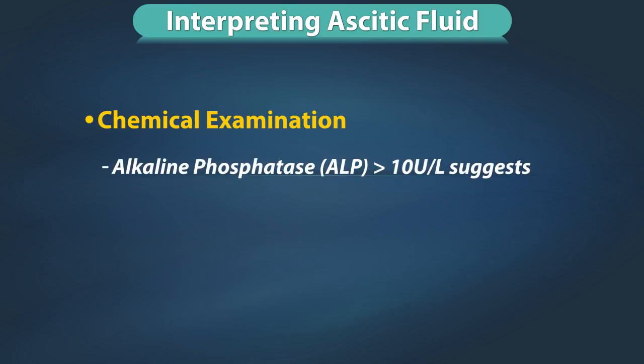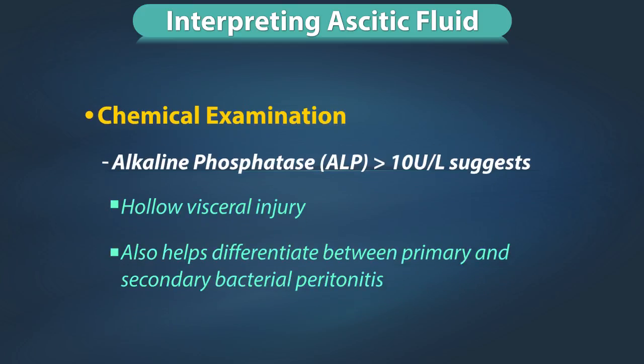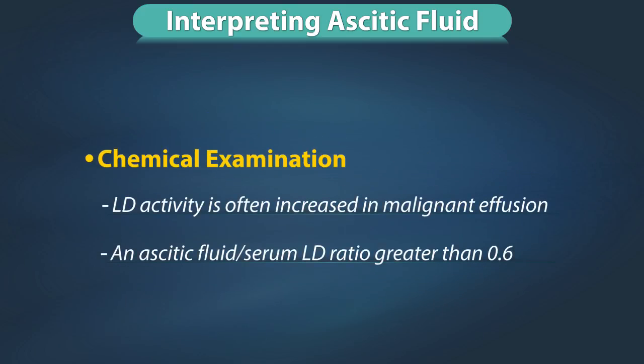Alkaline phosphatase greater than 10 units per liter is useful in predicting hollow visceral injury, and also helps differentiate between primary and secondary bacterial peritonitis.